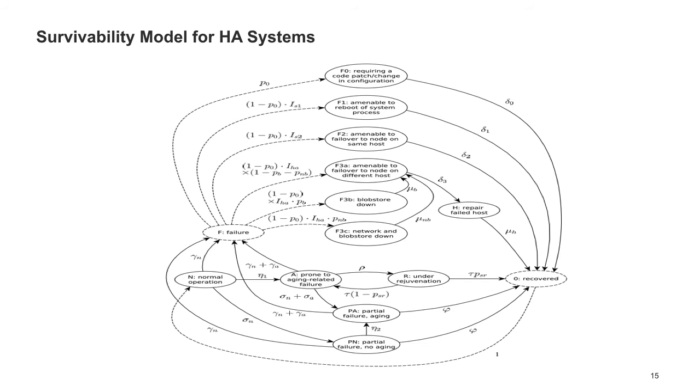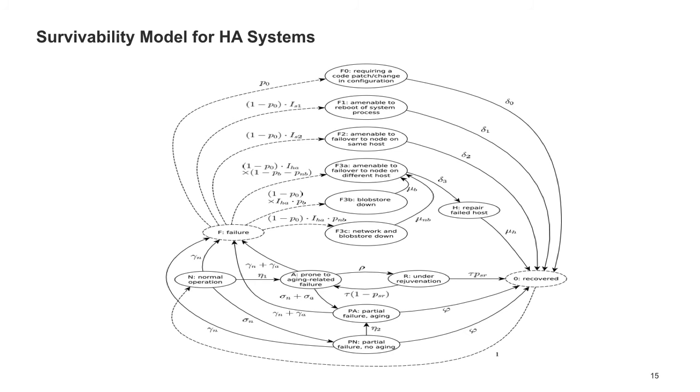This Markov chain for high availability system is very similar to the previous Markov chains you have been shown in pieces, but it includes several additional states to model the possibility of partial failure with aging and partial failure with no aging, and several different states for the high availability.